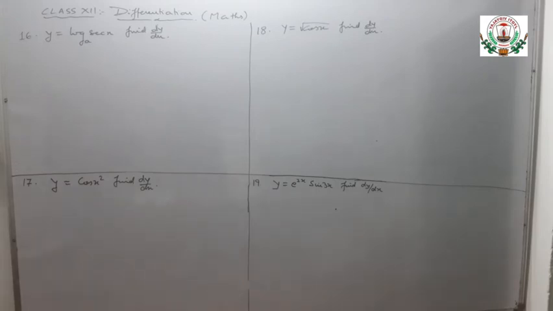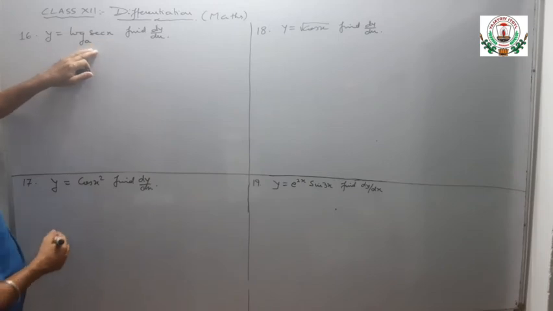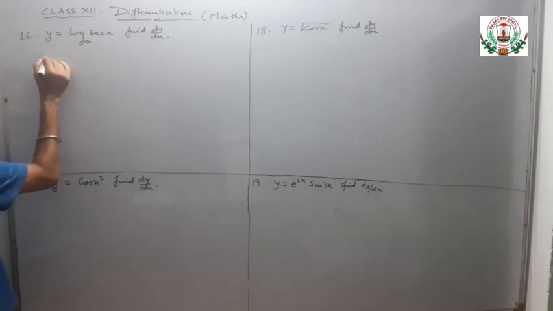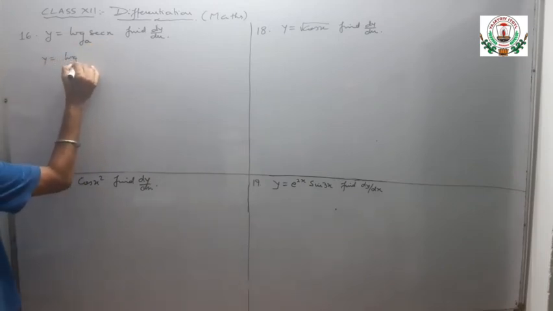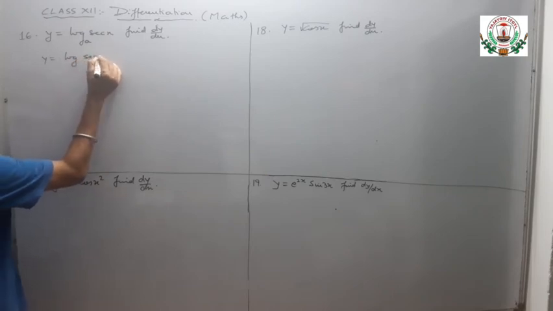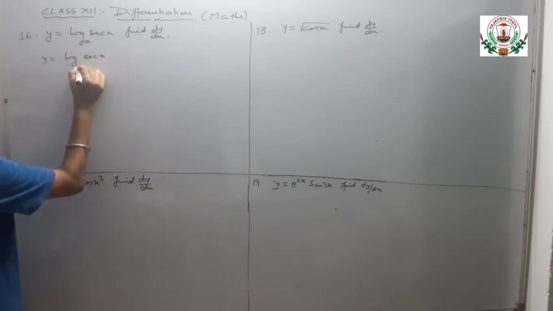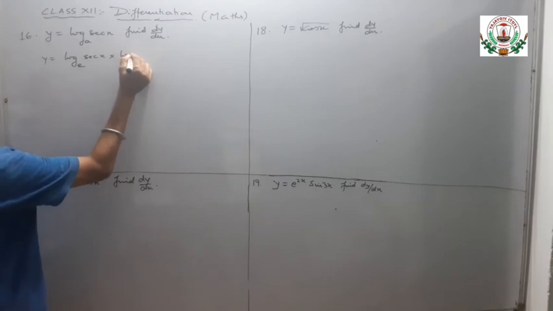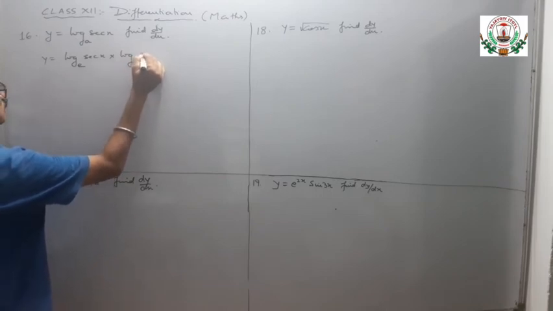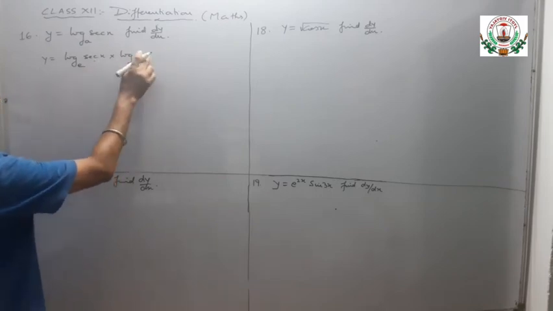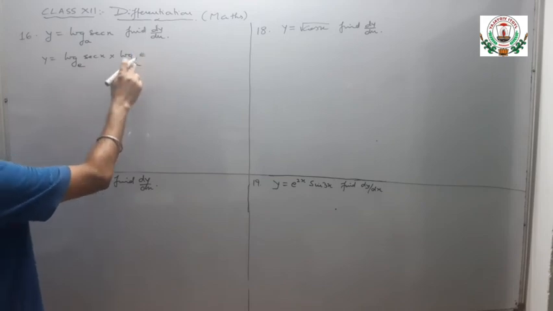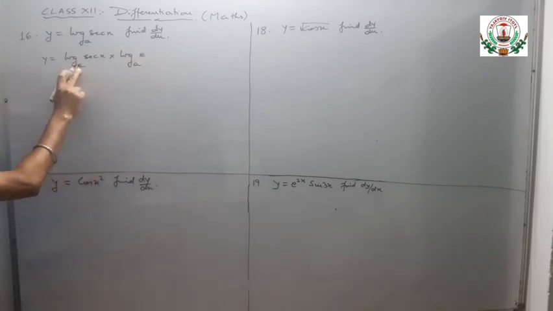Now the next question, it is a very important one. Y equals log sec x to the base a. So this y is equal to log sec x to the base e into log e to the base a. When we multiply with this log e to the base a, it becomes log e, and then only we can differentiate it.